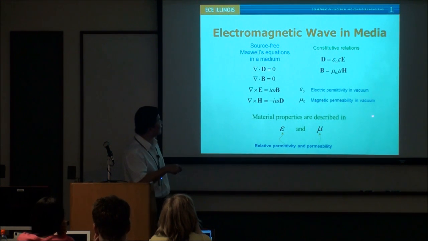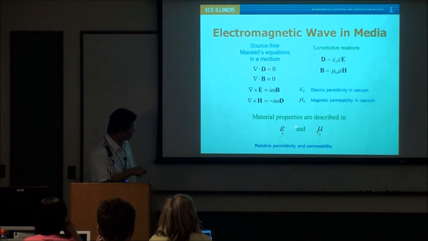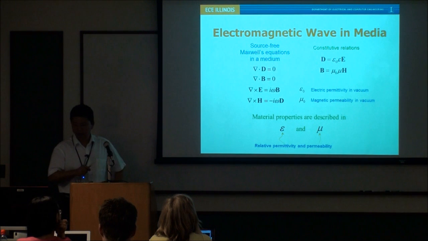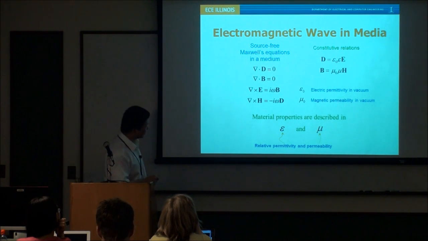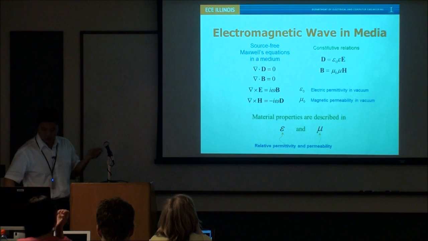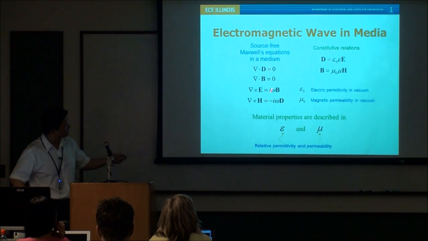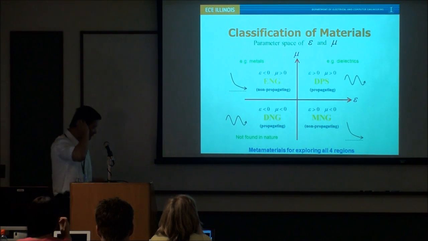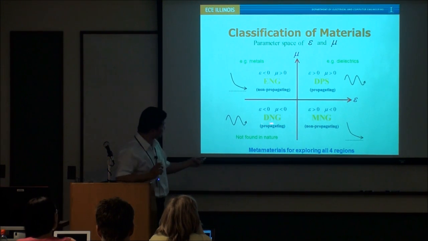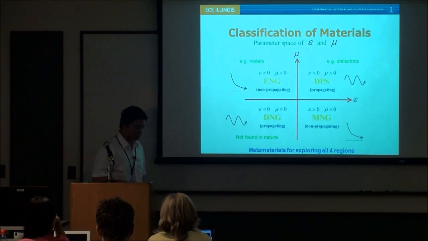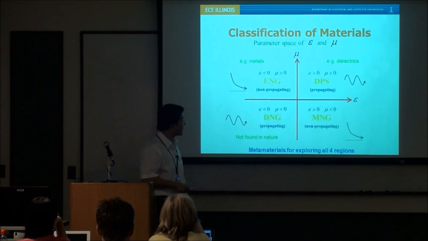And so when we design metamaterials, basically we have to look at these two particular parameters, epsilon and mu, the relative permittivity and permeability. By manipulating the actual material properties, we can then have very different epsilon and mu. So we define that by these four quadrants here. In the first quadrant, you have positive epsilon and positive mu.